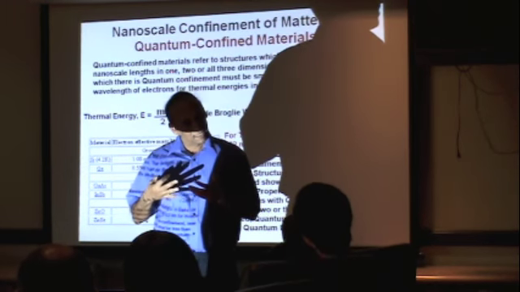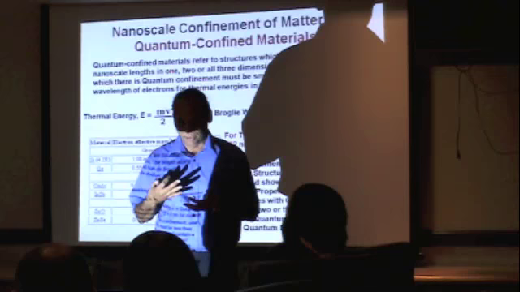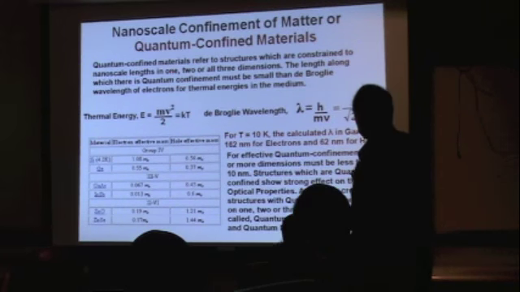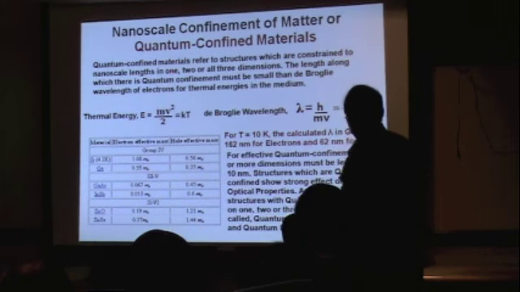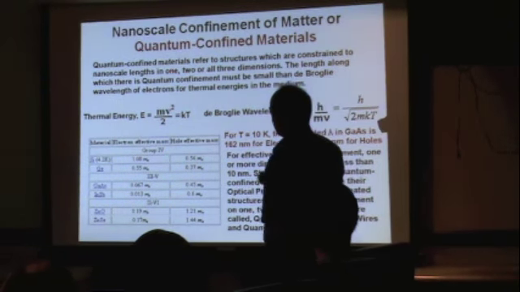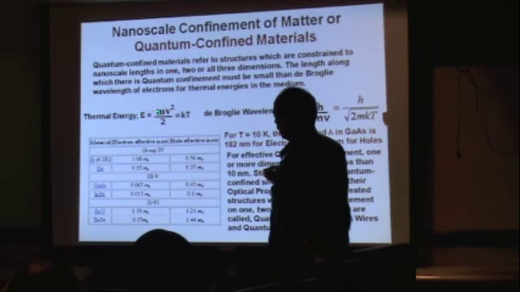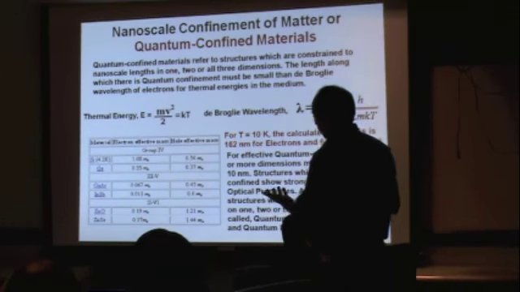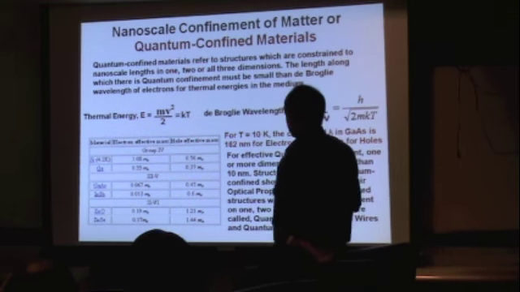So there is this characteristic length called the de Broglie wavelength. It is the wavelength of electrons, and it's basically given by, as we have said before, electrons have a wavelength. So the wavelength of electrons is given by Planck's constant divided by momentum. And if you have electrons at thermal energies, then the kinetic energy of the electron is half mv squared, and at thermal energy it is of the order of kT. k is the Boltzmann constant, T is the absolute temperature.